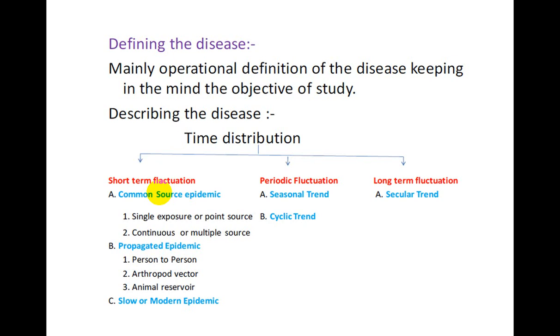Types of epidemic. A. Common source epidemic: single exposure or point source epidemic, continuous or multiple exposure epidemics. Number 2. Propagated epidemics: person to person, arthropod vector, animal reservoirs. C. Slow modern epidemics.